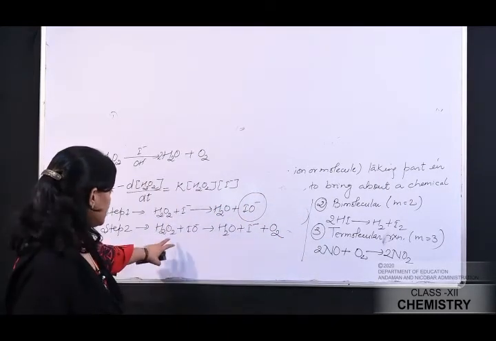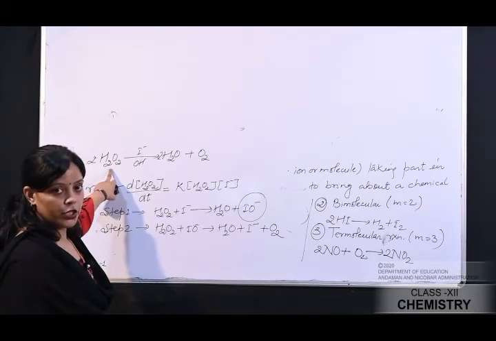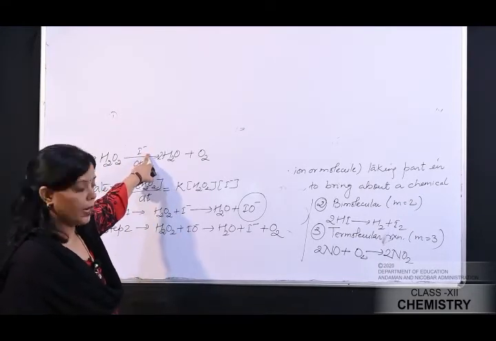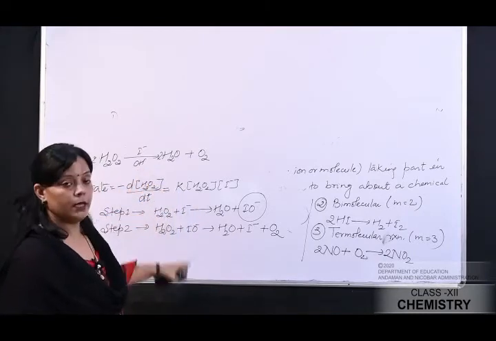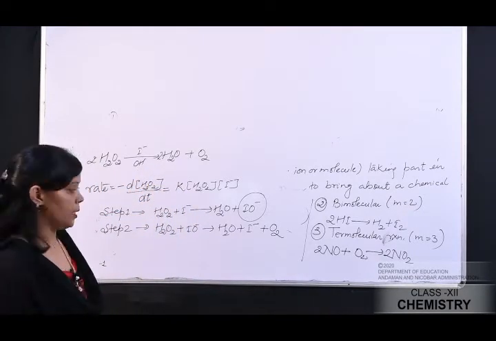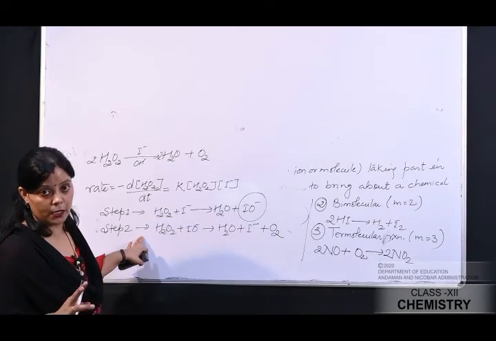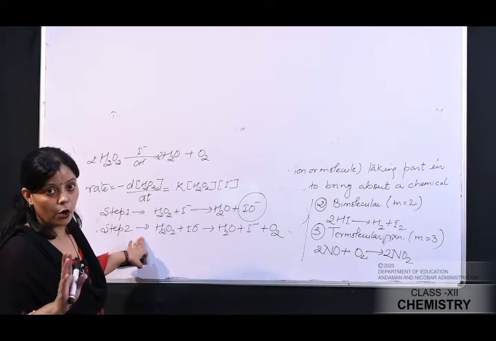So the evidence suggests that this decomposition of hydrogen peroxide, which is catalyzed by iodide anion in alkaline medium, takes place in 2 steps. So it is a complex reaction. The reactions taking place in more than 1 step are named complex reactions.